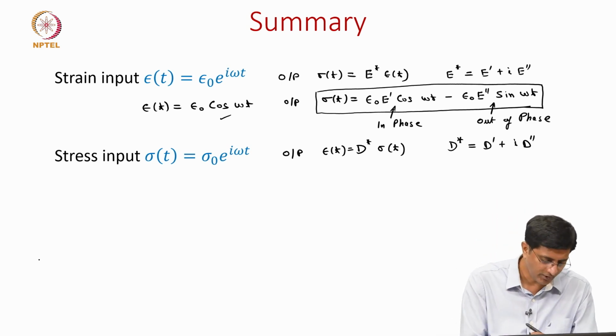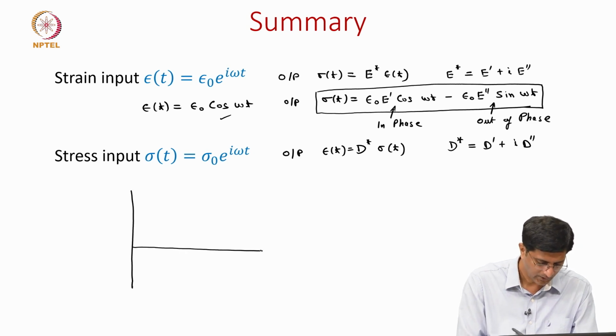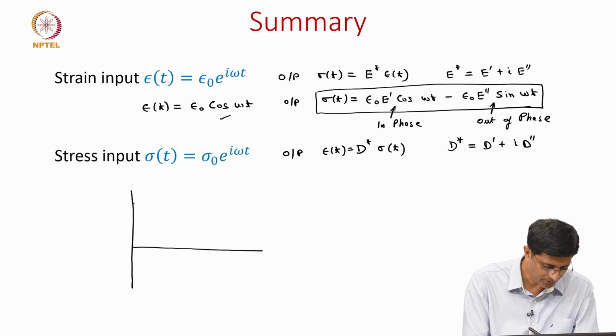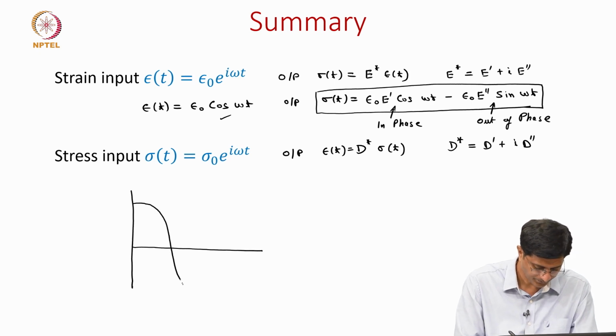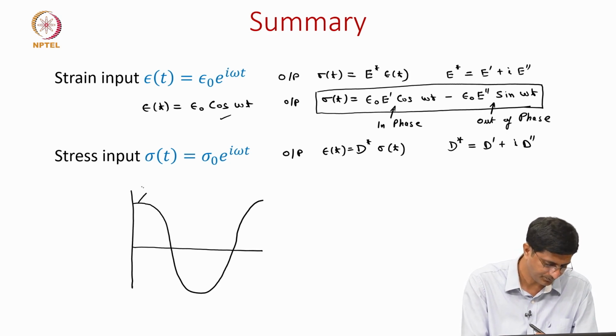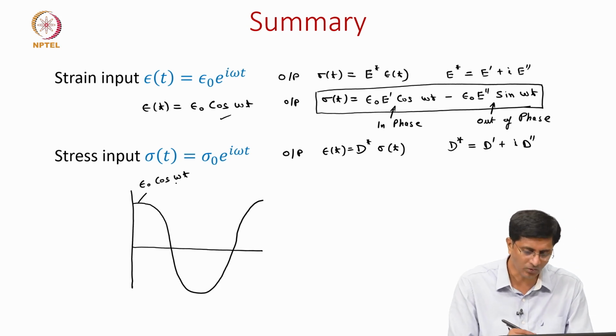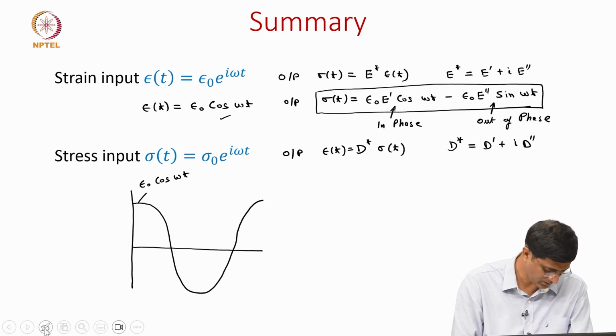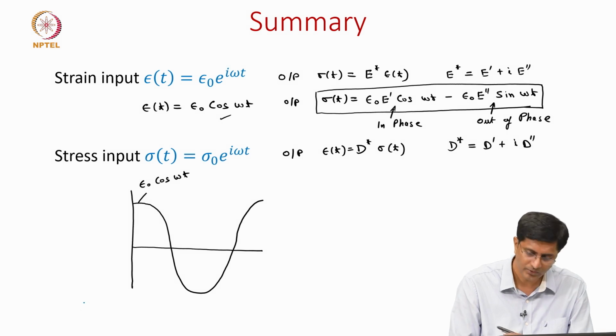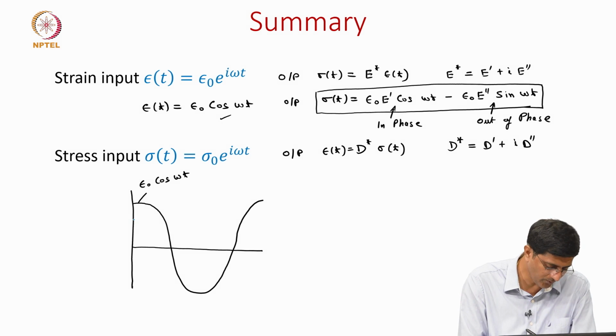So, the way we plot it is, let us say the input is the cos function, epsilon naught times cos omega t. Now, let us see the in phase and the out of phase how they look like. Let us change the color to blue. So, the in phase component will be in phase, meaning the maximum and minimum will match.